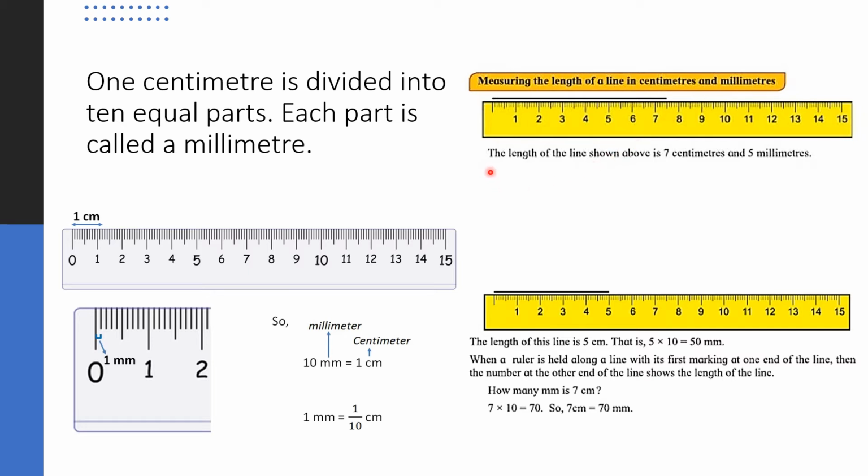So the length of the line shown above is 7 centimeter and 5 millimeters. As the small lines indicate millimeter, we count the small lines and it ends after 5. So the length of this line is 7 centimeter and 5 millimeter.